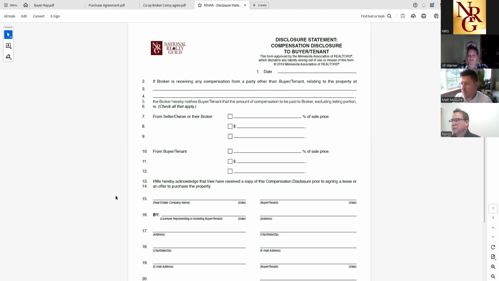What I will tell you guys is this compensation disclosure is actually a required document in a lot of other brokerages. I know at Energy we don't have this as a required document, but I've been filling this out nonstop since the beginning of me doing this. I checked the box here that I'm going to get 2.5 from the seller.